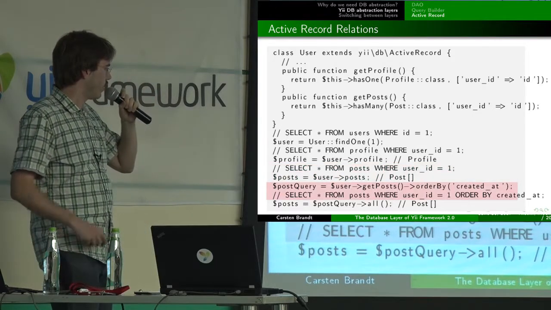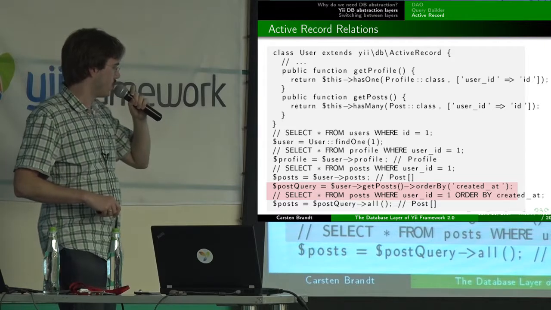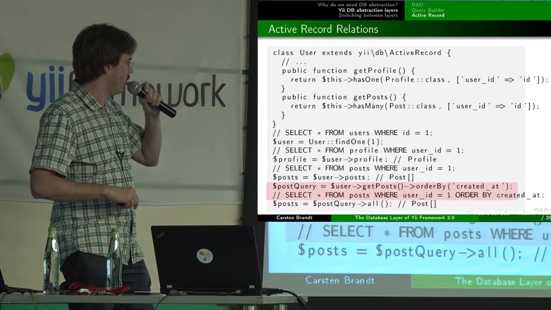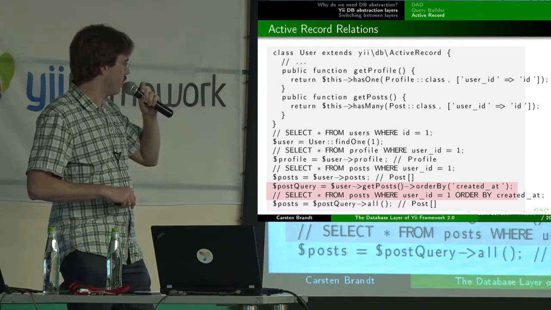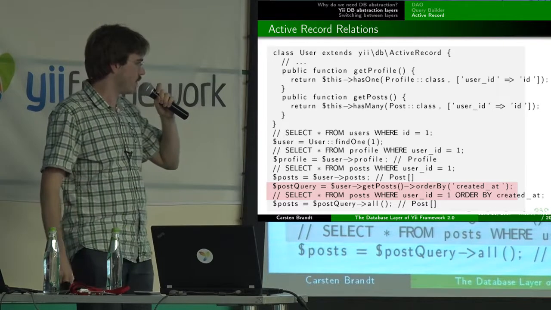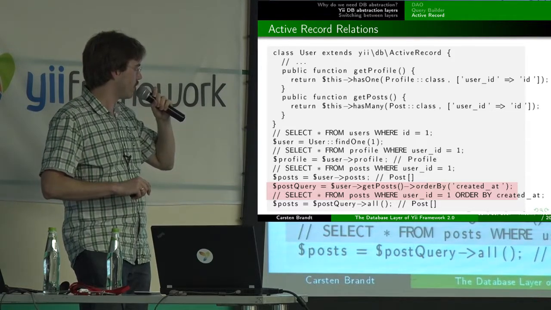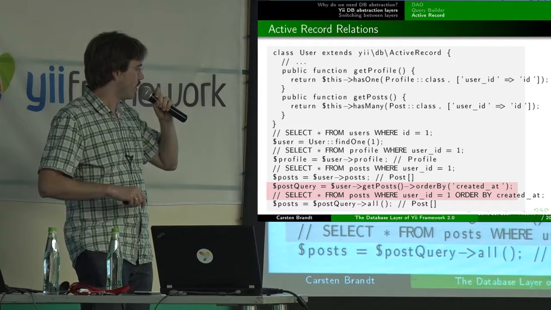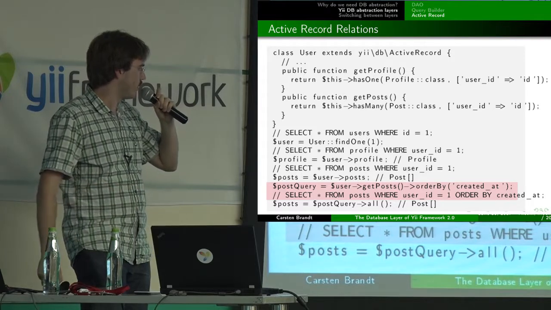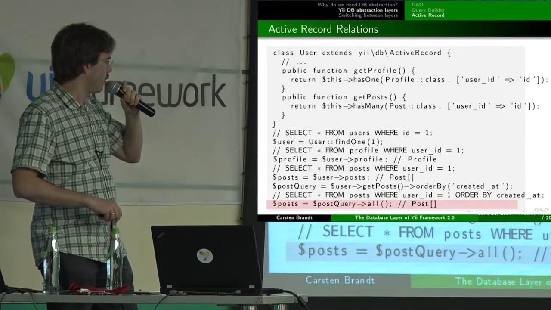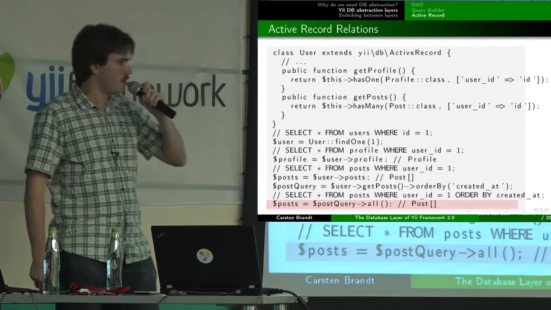And we can also use it to customize the relational query, so we call the getter directly without the magic we have with normal getters. So we call the getter, that will return a query as it is defined here, and we can modify it, so we can add, for example, an order by in this case. And the result will then, if you call all, be again an array of posts.